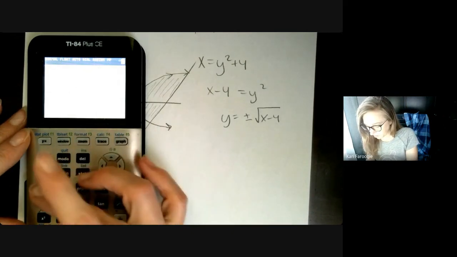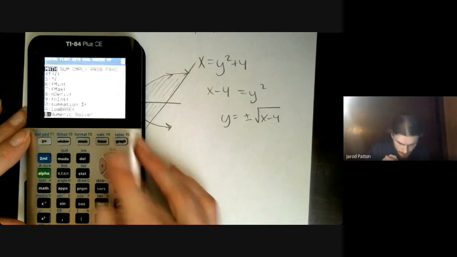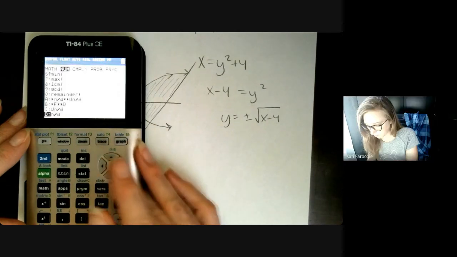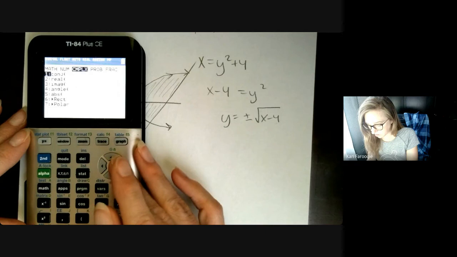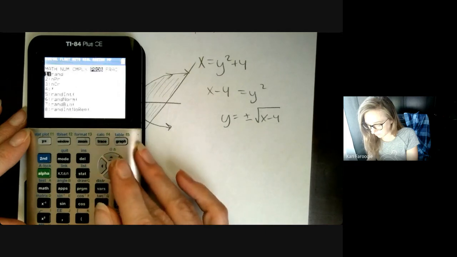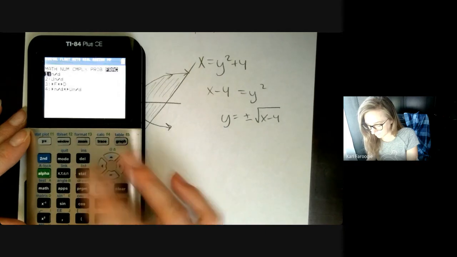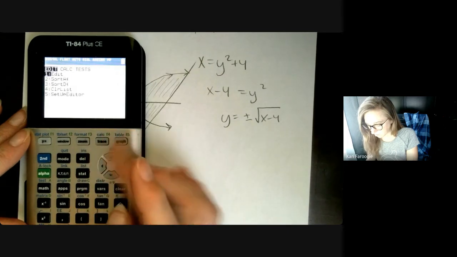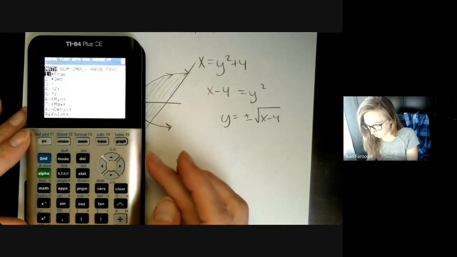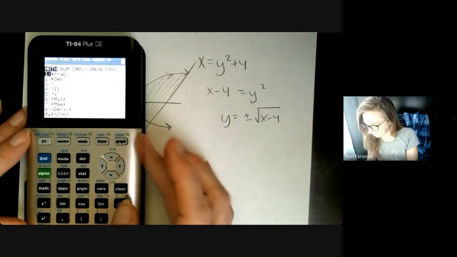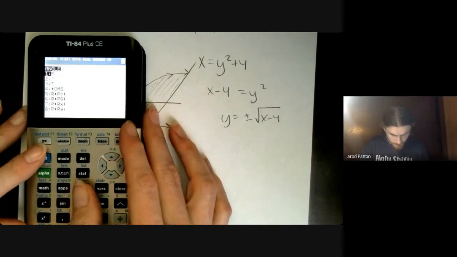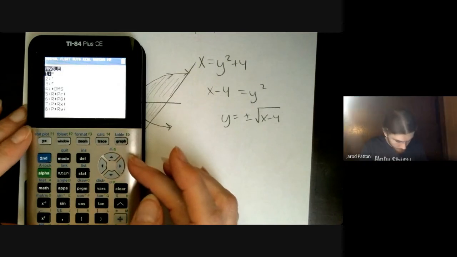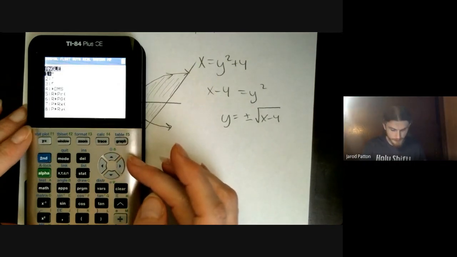Is there a plus or minus button? I could have sworn someone told me that, and I forgot about it. I don't know if there is a plus or minus button. I know there is a normal plus and minus, but I don't know if there's one that's specifically both.